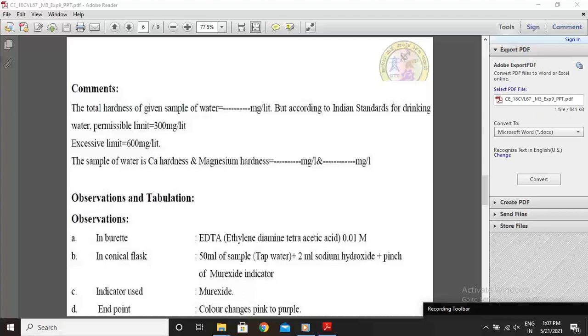Now which indicator is used? The indicator used here is Murexide, and the end point is the color change from pink to purple. So this is the end point.